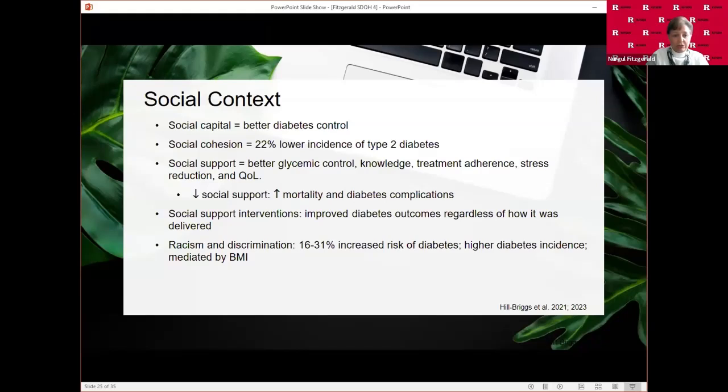And social support interventions have been shown to be effective, actually, regardless of who provides it, whether it's the healthcare provider or neighbor or a spouse, they all have positive results.